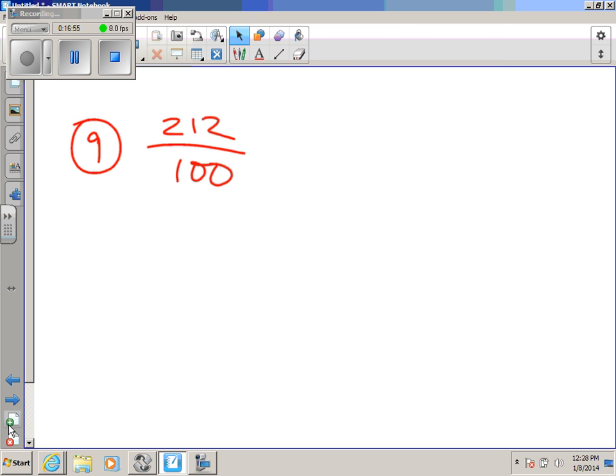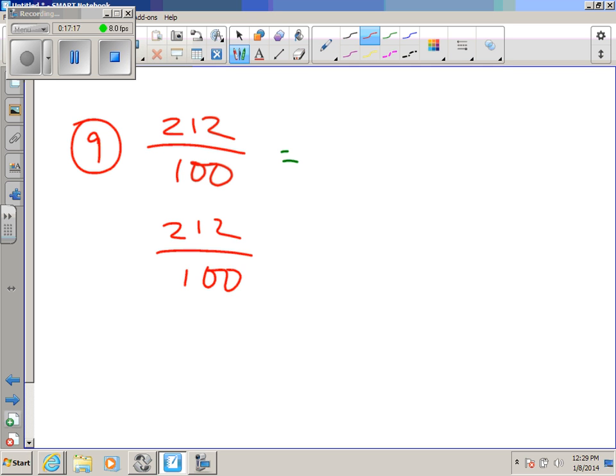I can make equivalent ratios the same way, either by using multiplication or division. What route do you want to take? I just need two equal ratios. So one here, one here. My options, multiplication or division. Chris, what do you want to do? What do you want to divide by?